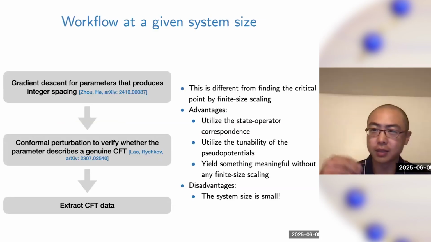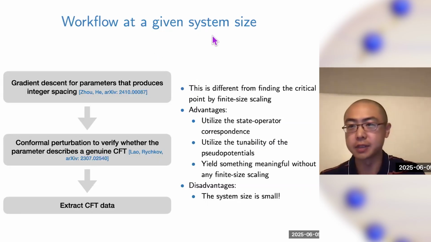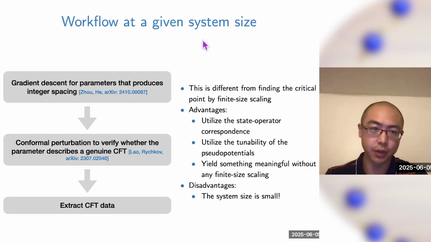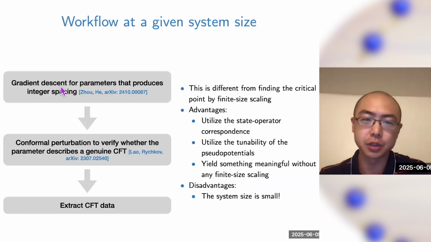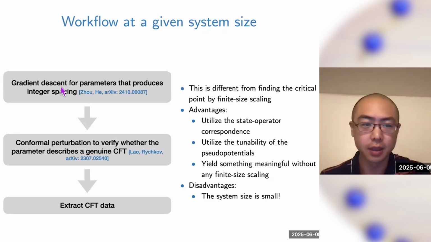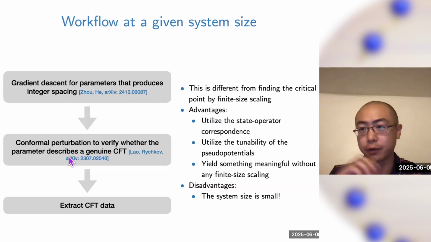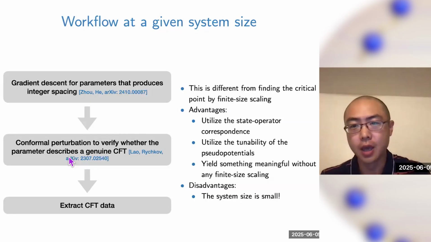So let me summarize the workflow of what you want to do at a given system size. First, you can do gradient descent to search for parameters that produce a maximal integer spacing. And second, you want to use some conformal perturbation to verify whether you get a genuine CFT.